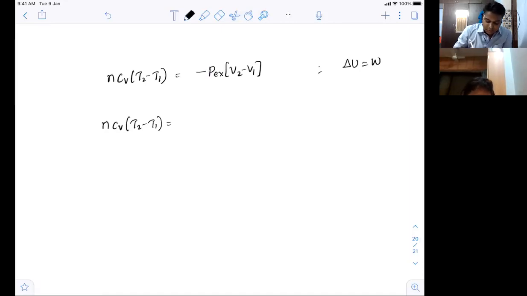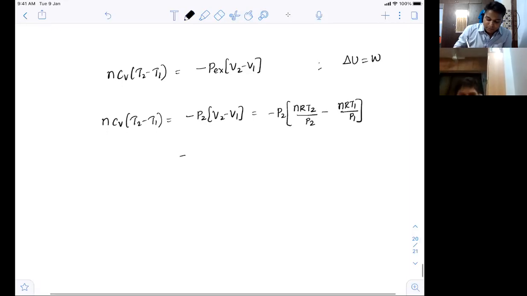So this is minus P2 into (V2 minus V1) is equal to minus P2 into, I can write this V2 in terms of pressure and temperature, so nRT2 by P2 minus nRT1 by P1.